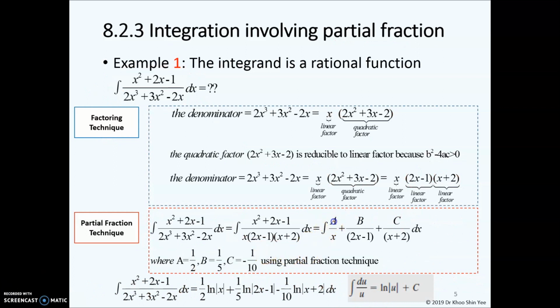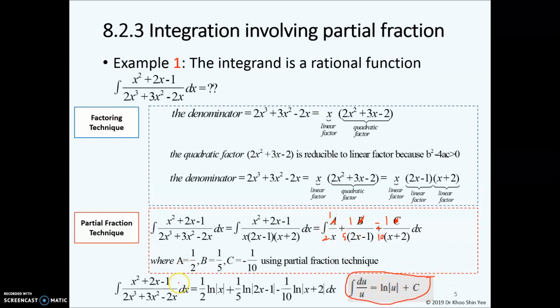So once you get this answer, you should substitute this. And you can see that you can solve this easily by using the basic integration rule. For 1/u, you get ln u.